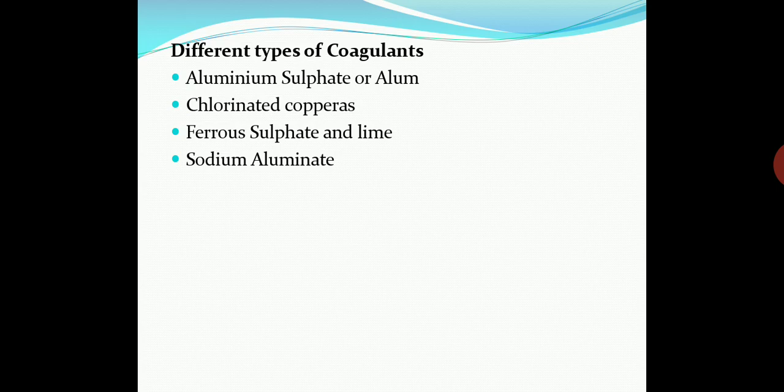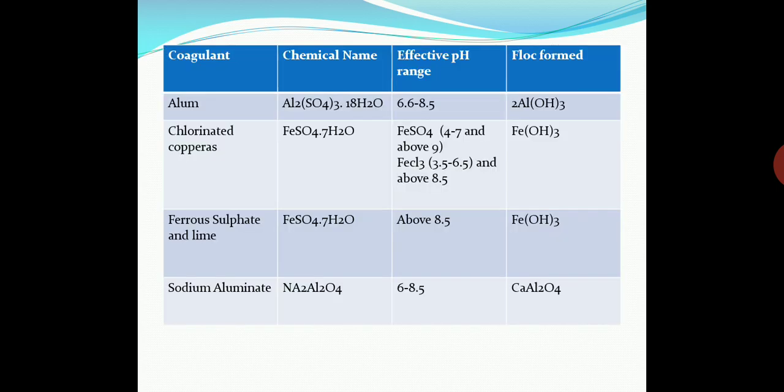I have put a table where you can see which coagulant we are using and its chemical name. The first one is aluminium sulfate, which we commonly call alum. The chemical formula for aluminium sulfate or alum is Al2(SO4)3·18H2O. This coagulant is the most common and universal coagulant used in waterworks.